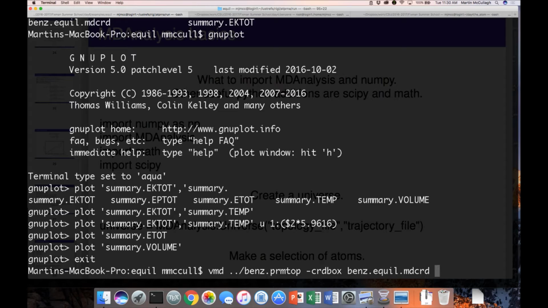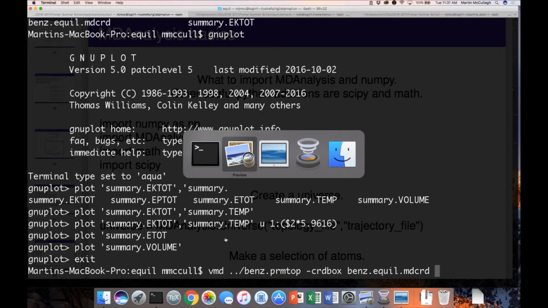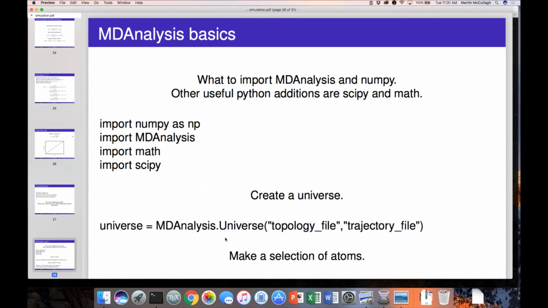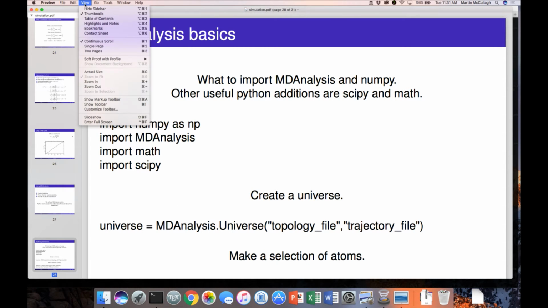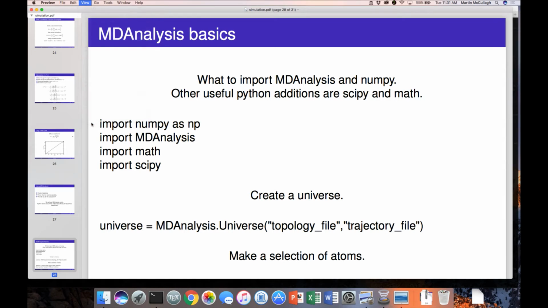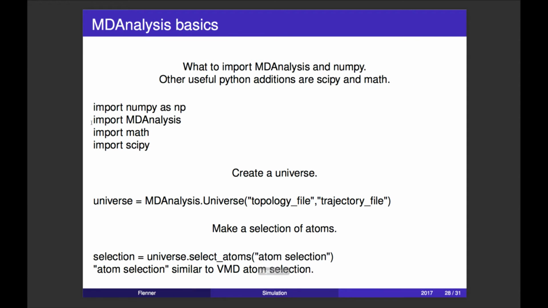This is your topology file, and that once again gives Python information about your system. And then you can load in the trajectory file.